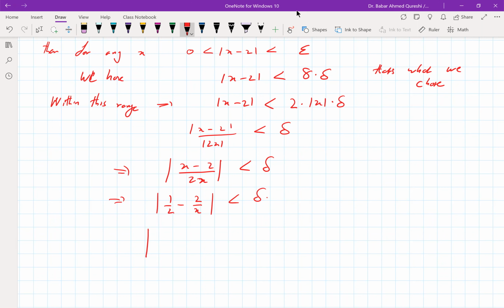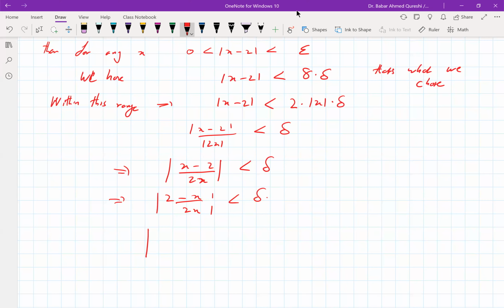It's 2. So I have 2x times x minus 2, which I can write as 2 minus x over 2x.